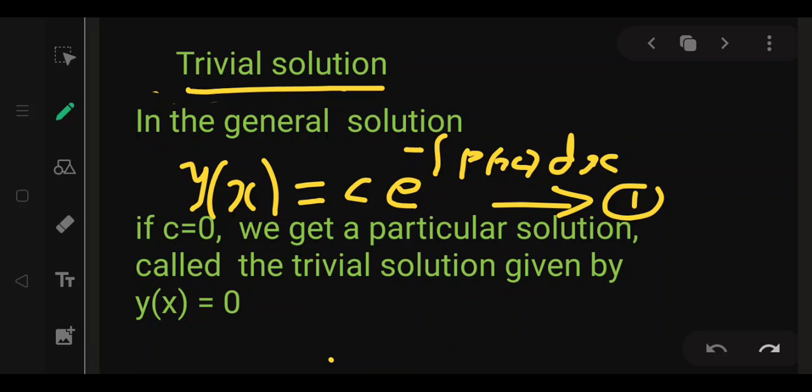Now if c is equal to 0, we get a particular solution from the general solution. That solution is called the trivial solution of the given homogeneous linear differential equation, given by y(x) equal to 0.